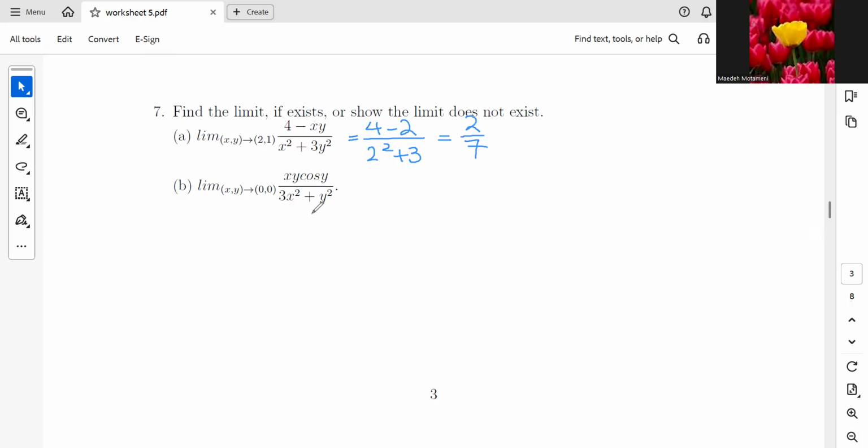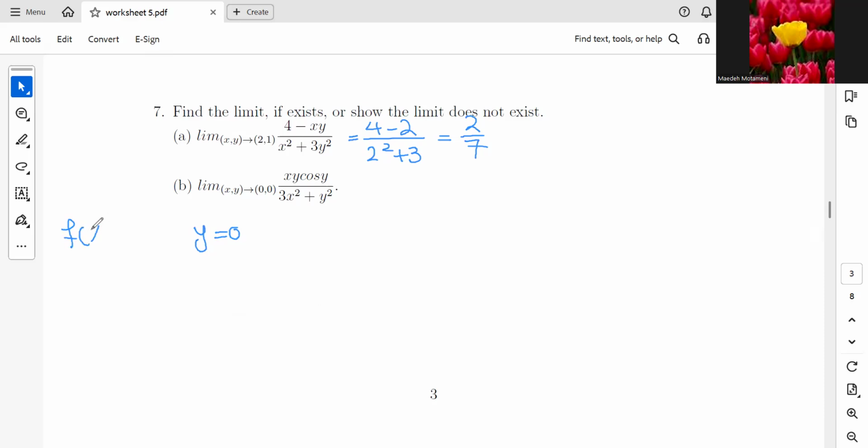The second one is not a rational function, so we will do it another way. In another method, you approach 0, 0 along different paths. Let's say we move along the x-axis, and x changes, approaching 0 but not exactly 0. So y can be 0 here.